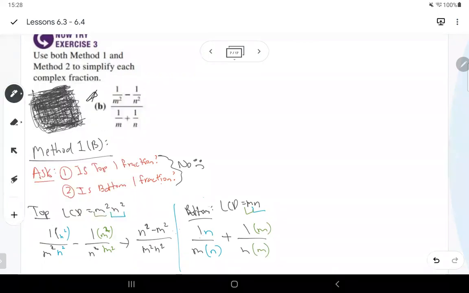So then that becomes n plus m over mn. Okay, so let's rewrite it. n squared minus m squared over m squared n squared, over n plus m over mn.